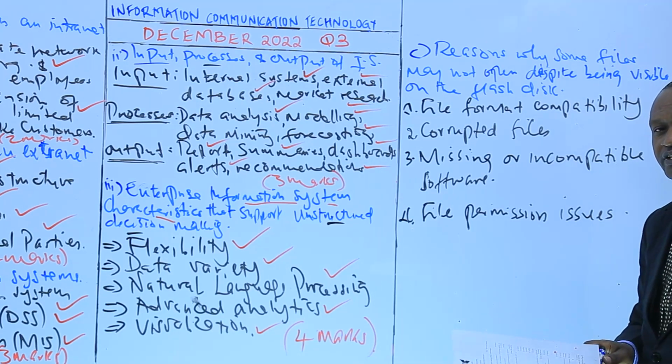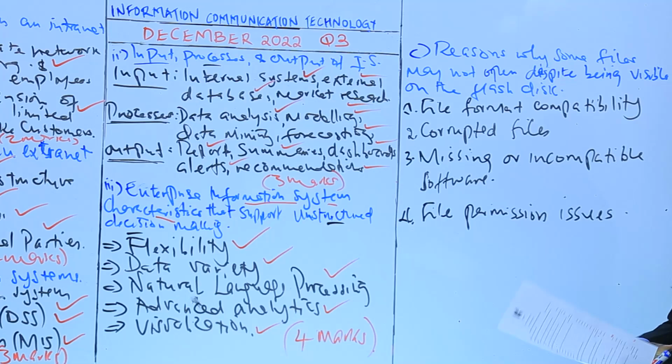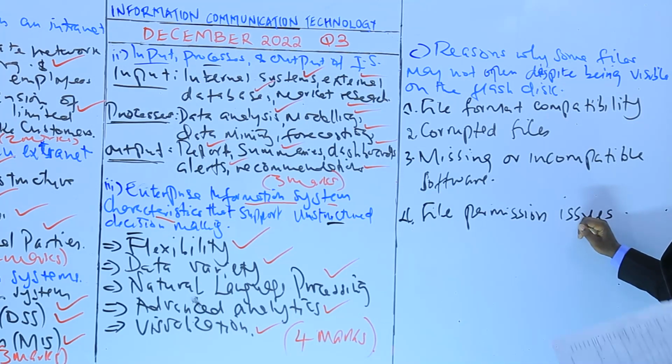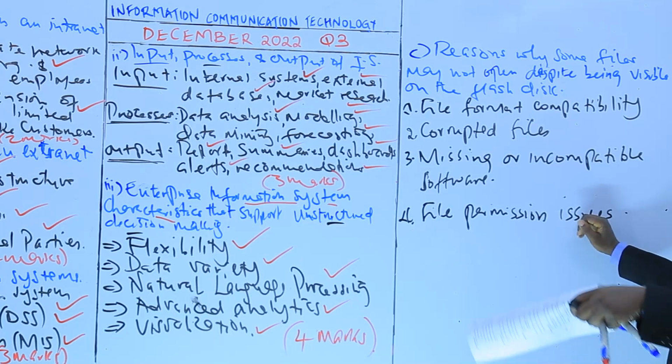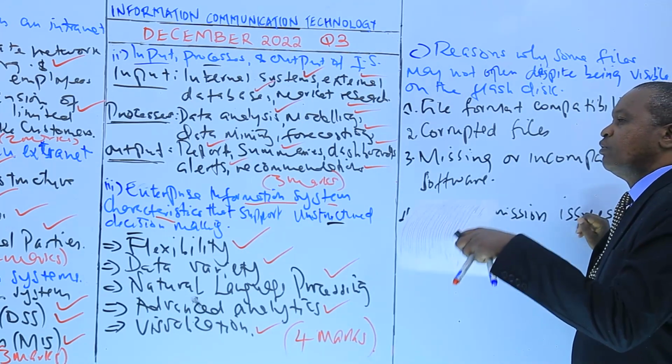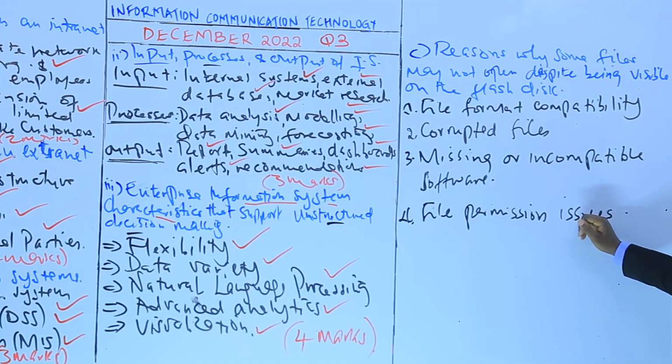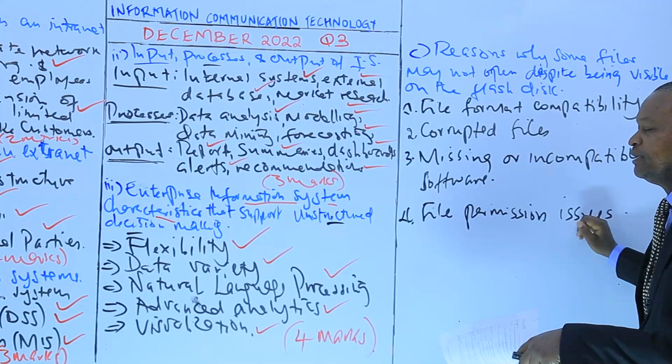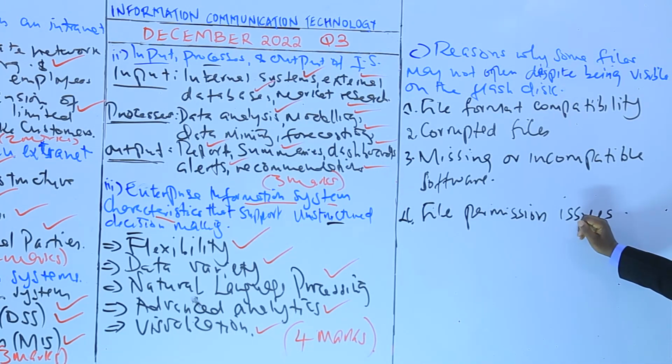Now, the files on the flash disk may have restricted access or permission settings that prevent them from being opened on another computer. And that could be due to file encryption, restricted user access, or file ownership settings that differ between the home and the work computers.